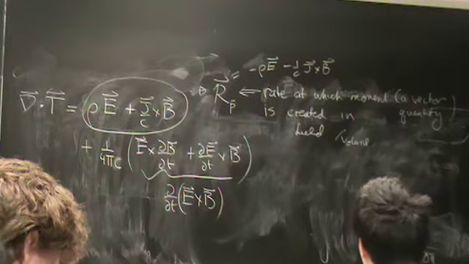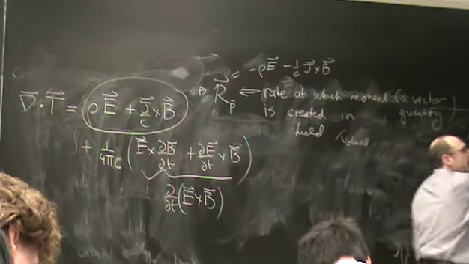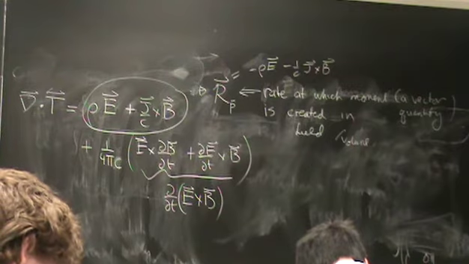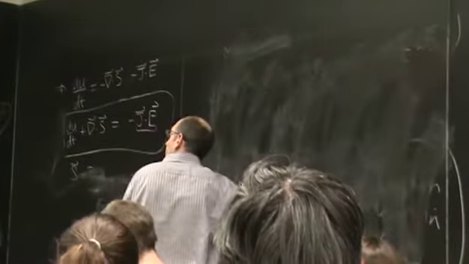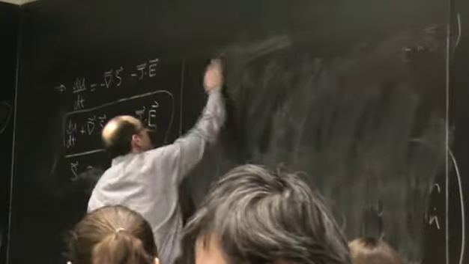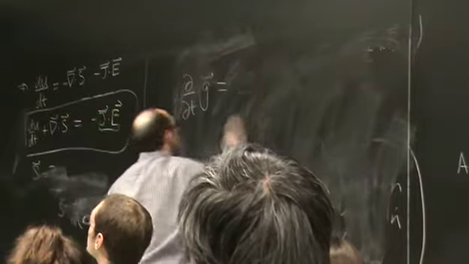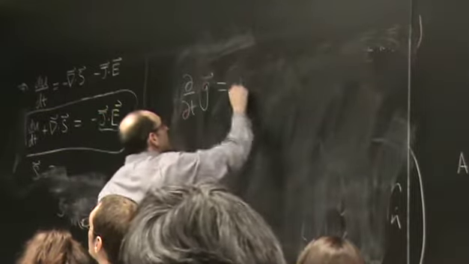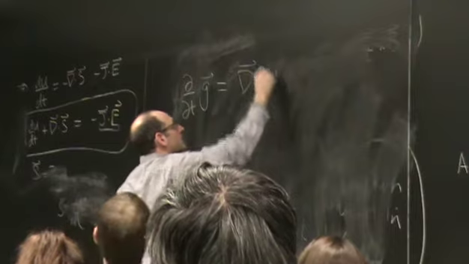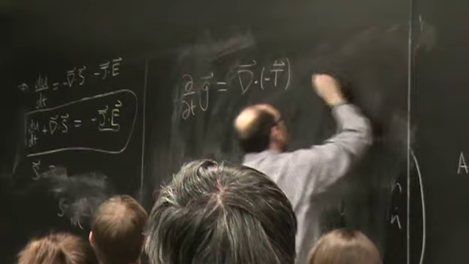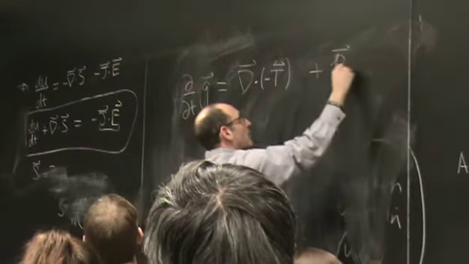So now we can solve this equation, or at least put it in the form of a conservation law. It says the following. d by dt of G is equal to del dot minus T plus R momentum.